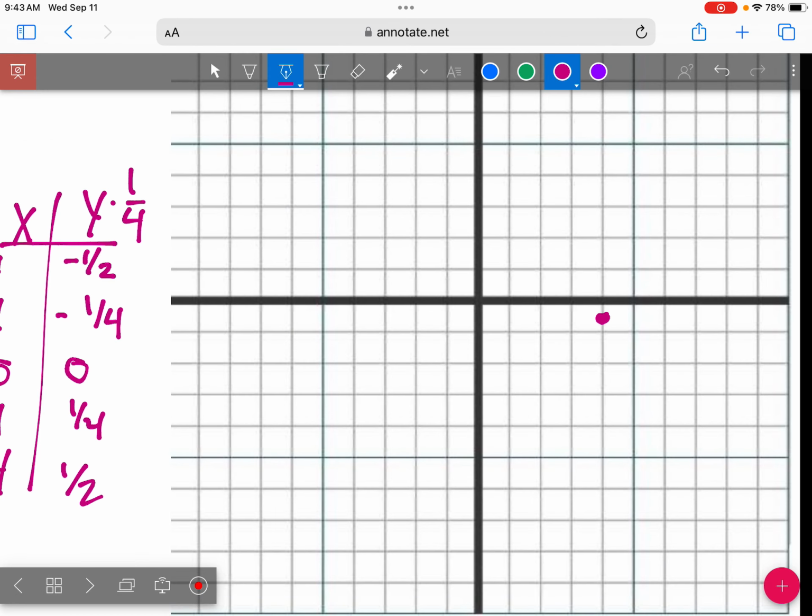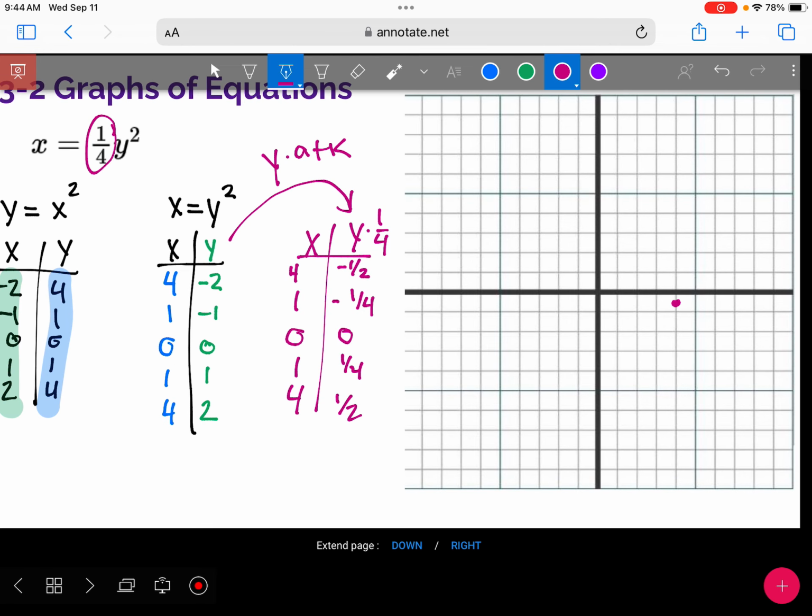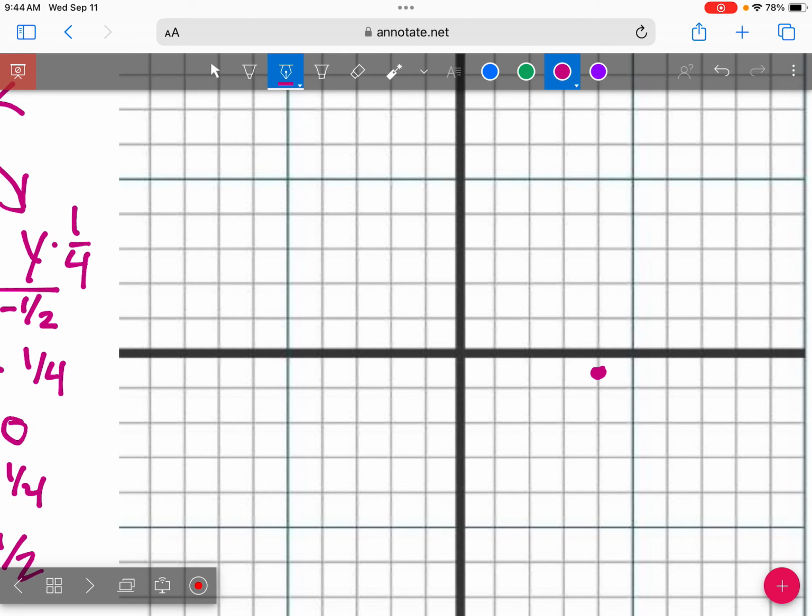We multiplied this guy by our 1/4. I did my transformations different over here. This is my y times a plus k, I put it over here. So my x of 1 has -1/4, which is even closer. Then 0, 0, then 1, 1/4, and 4, 1/2.